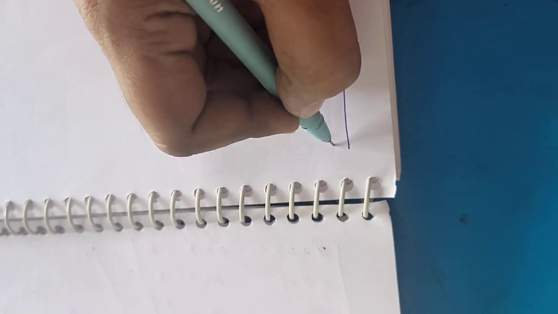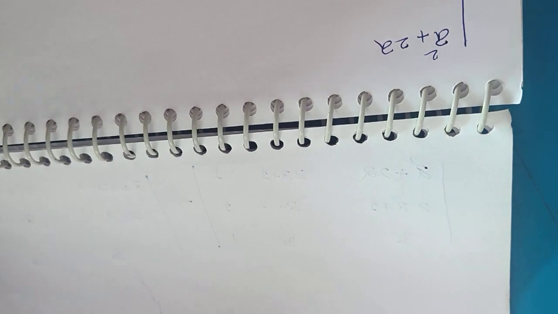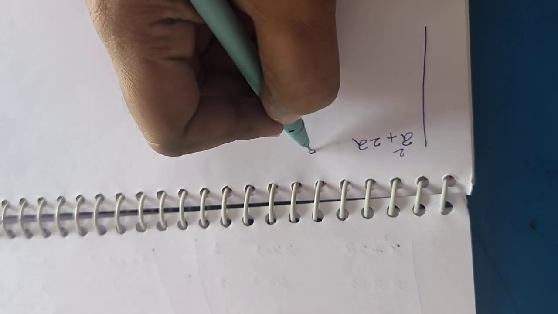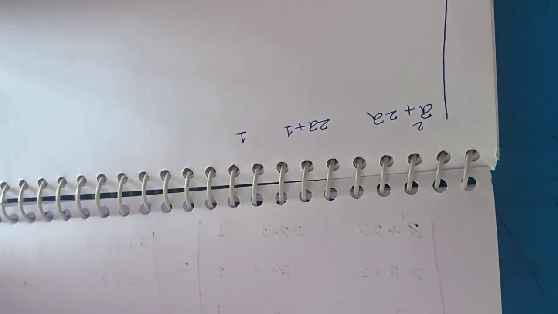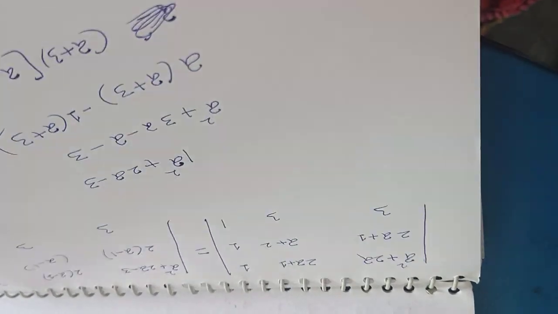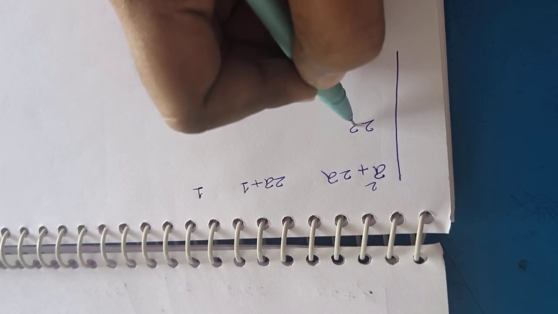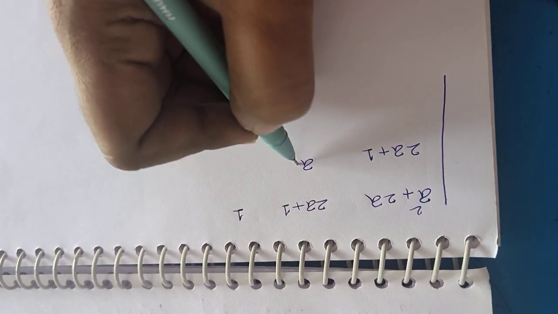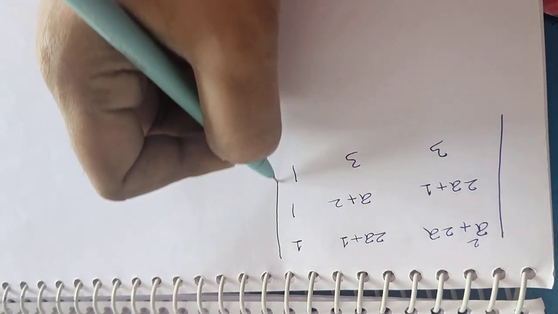Now left hand side, a square plus 2a, 2a plus 1, 2a plus 1, again 2a plus 1 plus 2, 2a plus 1, a plus 2, 1, 3, 3, 1.